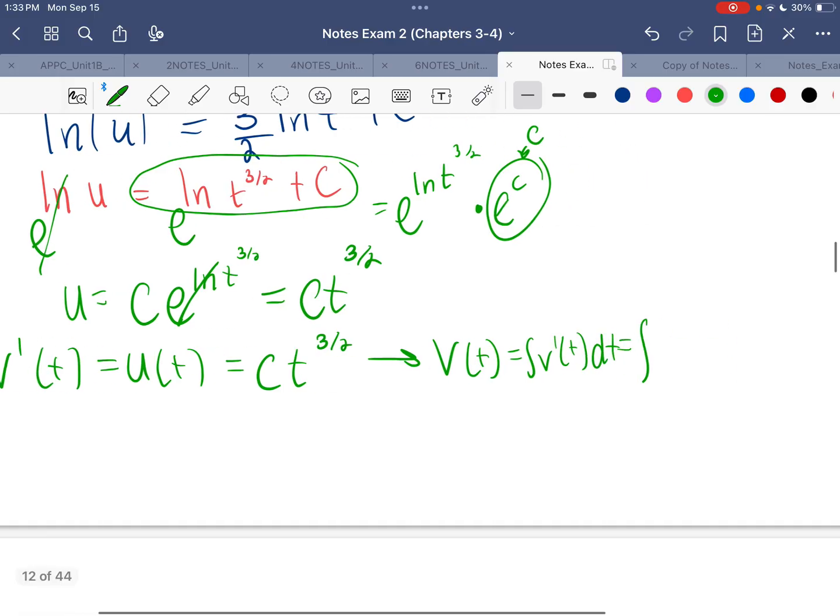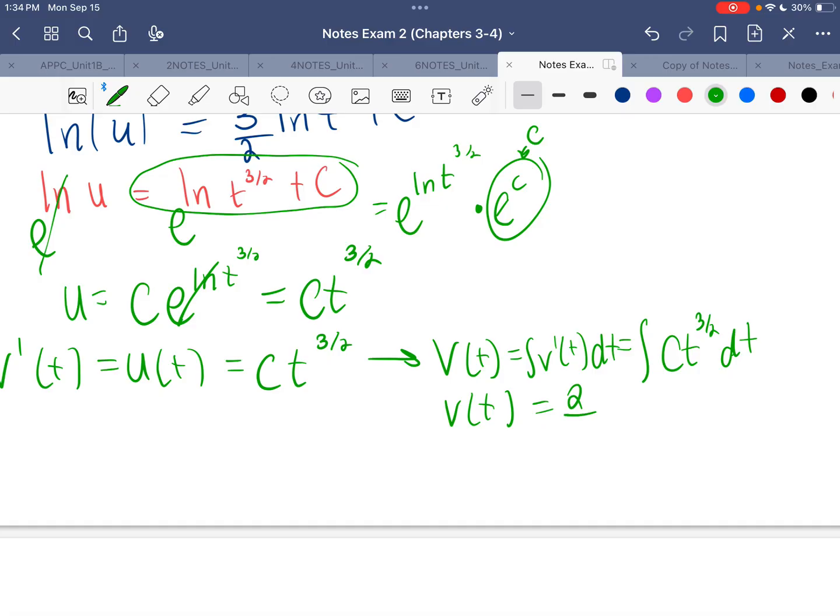So v is equal to c, integral of c t to the 3 over 2 dt. So that means that v of t is equal to 2/5 c t to the 5/2 plus k.